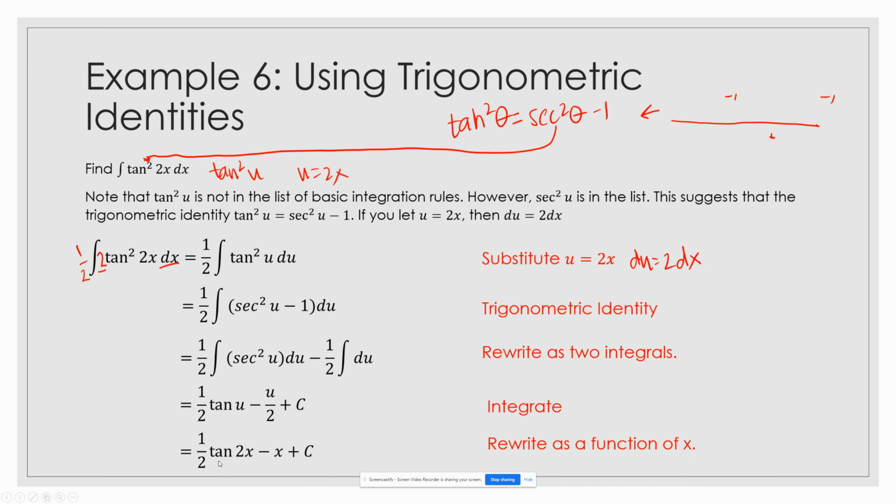And so we have 1/2 tangent of 2x minus x plus c. You might be asking, how the heck did that just turn into an x? Well, when we plug in 2x here, 2x over 2, the 2's cancel out and you're left with just x. So by substituting in our Pythagorean identity, we were able to solve this.